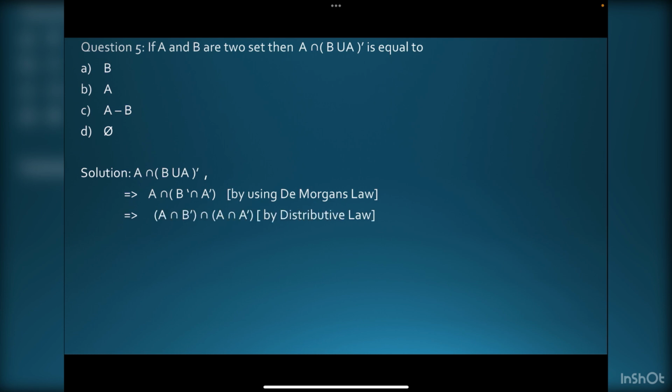Now we need to apply the distributive law. If we apply the distributive law, then it will drill down to (A intersection B complement) intersection (A intersection A complement).